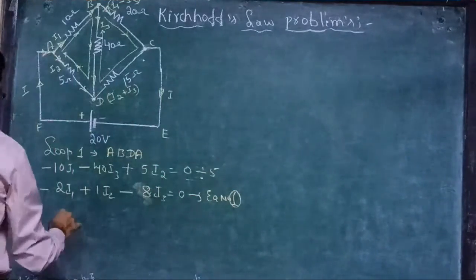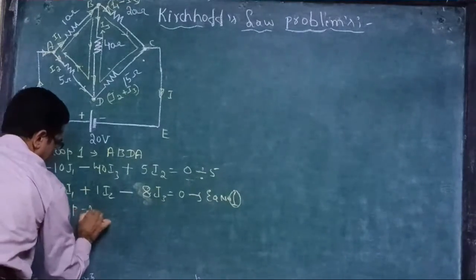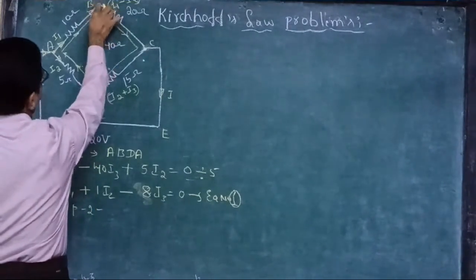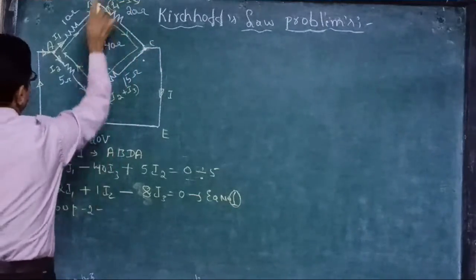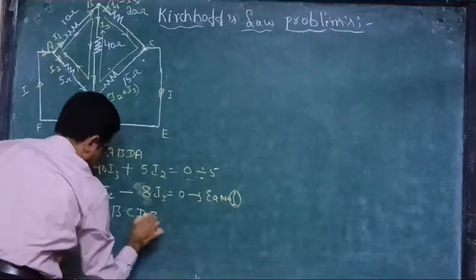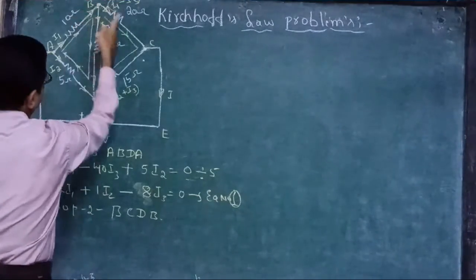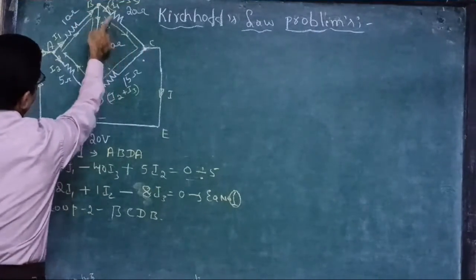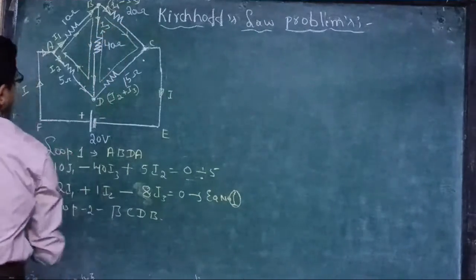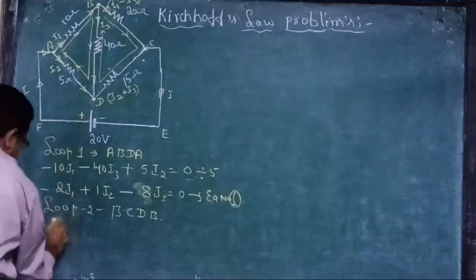Next, loop number 2. We are going B, C, D, B. Here we are going B to C. The current is in the same direction and we are also going in the same direction, so we should take the negative sign.